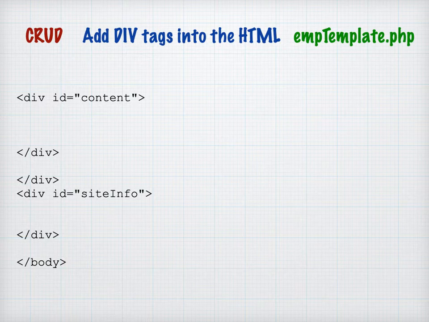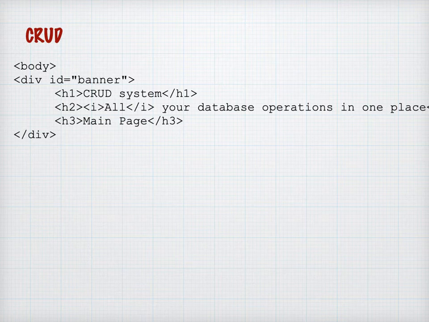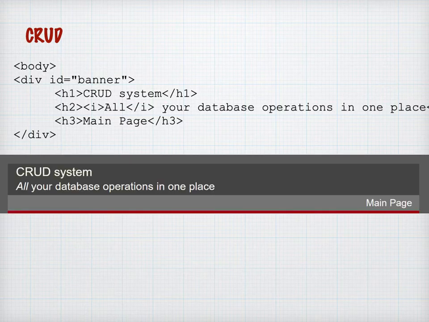Working back from the beginning again, here's the banner, and inside the banner we'll have some HTML that does this kind of thing: an H1, an H2 and an H3, and I've styled that so it looks something like this. The CRUD system there, that's the H1, all your database operations in one place, that's the H2, and then you can see I've styled the H3 so that it's right aligned, just like that.